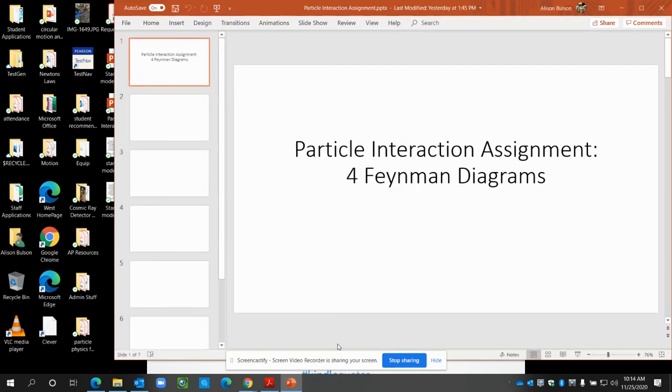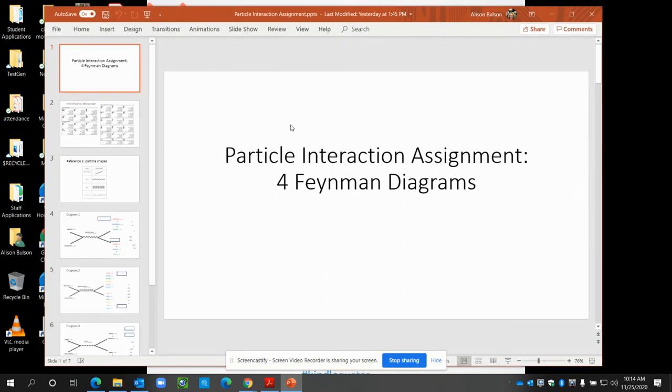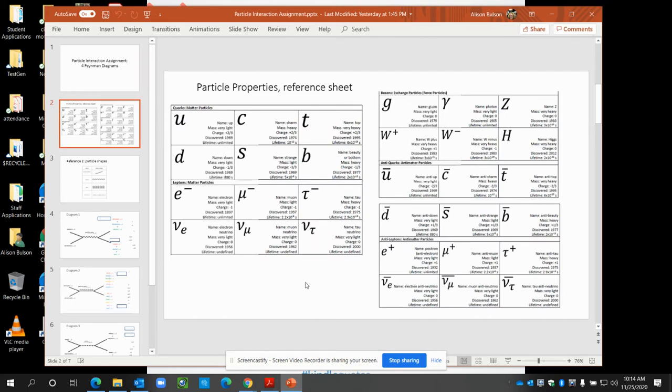Try this. Here's the PowerPoint assignment that you would download. The first 3 slides are not the assignment, but intro and resources. So here is the reference sheet that gives you the symbols and the charge of each of the particles of the standard model.